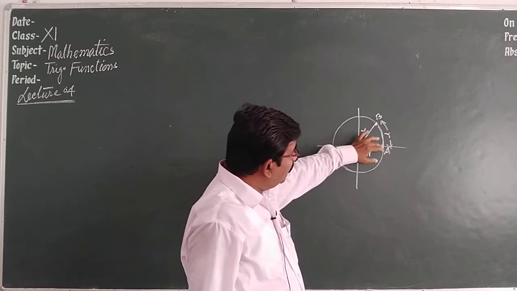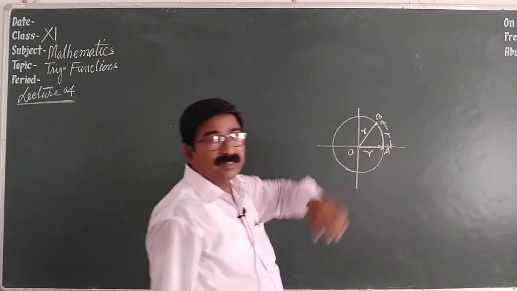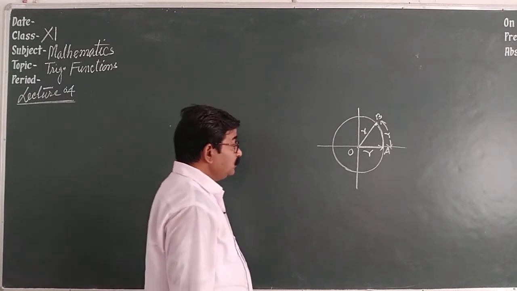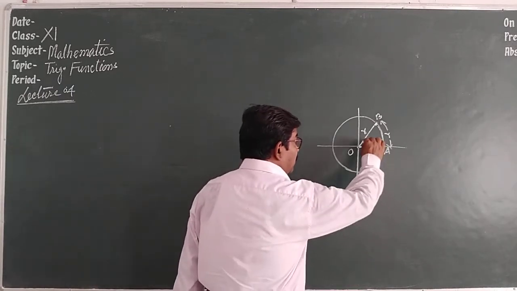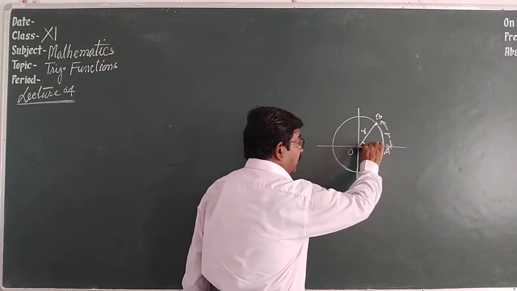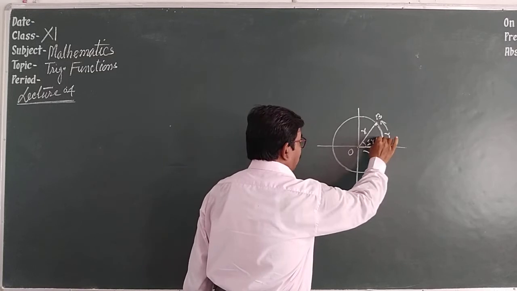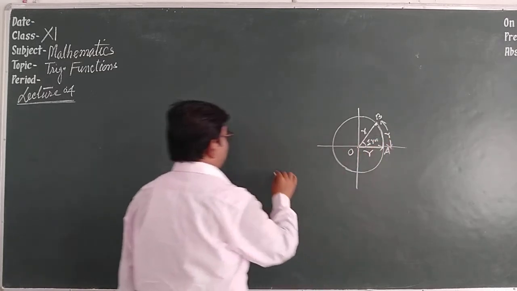Length of arc is equal to the radius, means the measure of the angle at the center is called 1 radian.